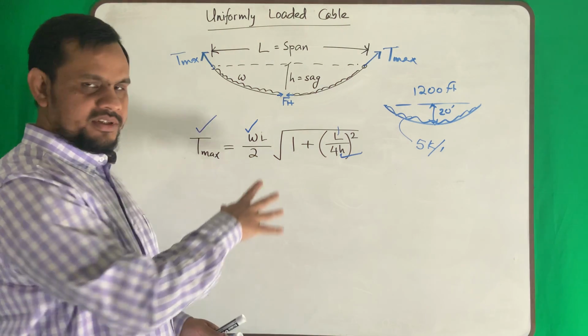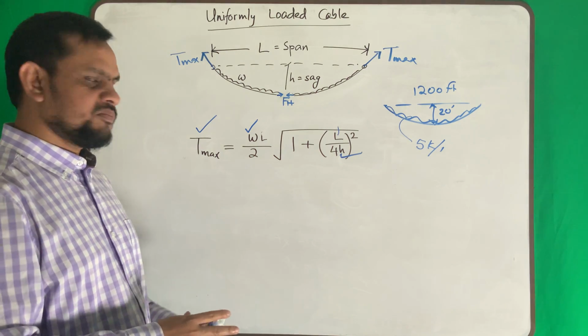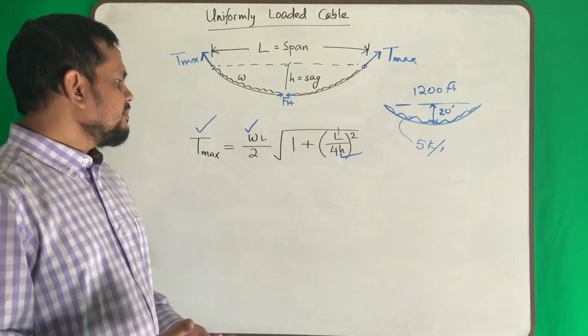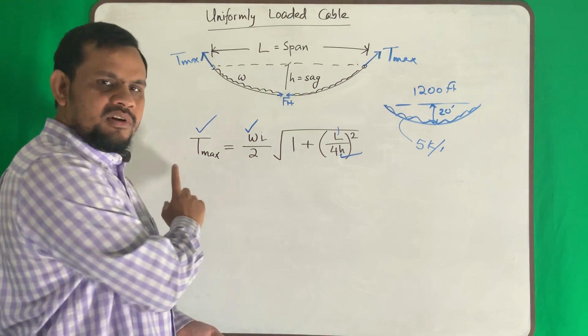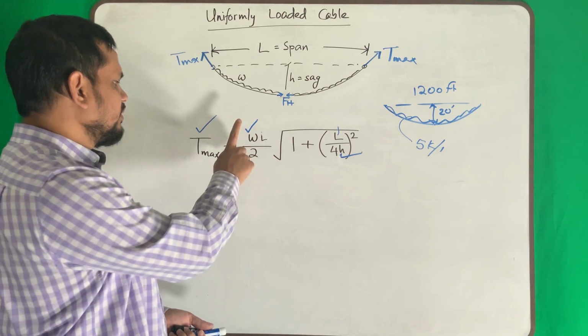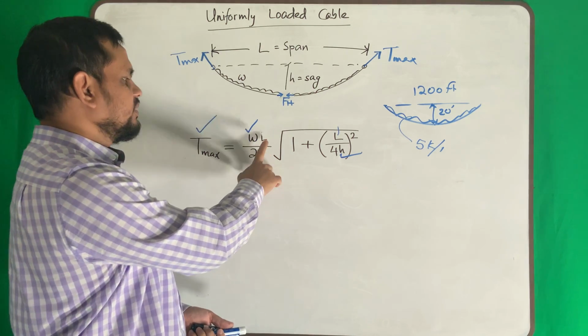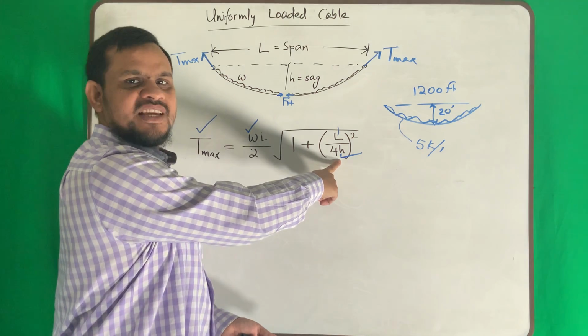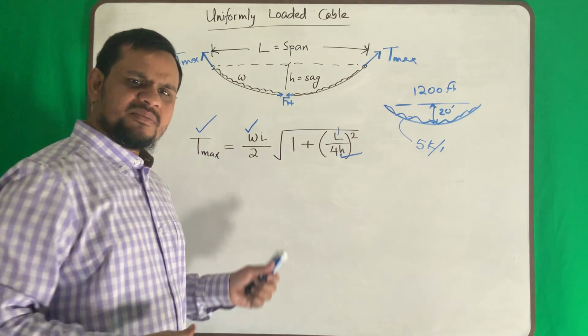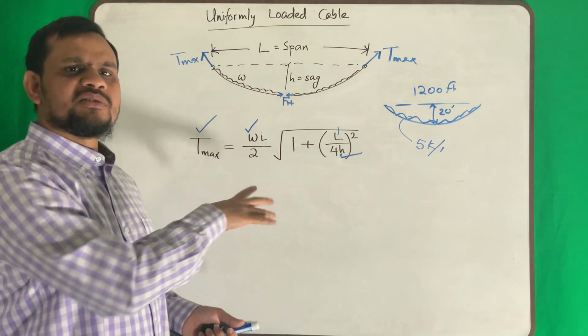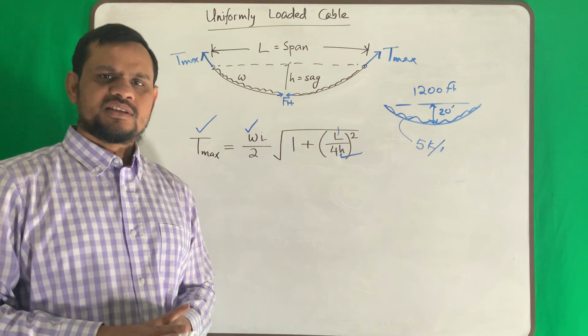Then you have to solve this. It is a difficult process, difficult mathematics. The problem may give you the allowable or the capacity of the cable, distributed load, and the span, and ask for the maximum sag. Then it is simply solving this equation, nothing else. It is just mathematics.